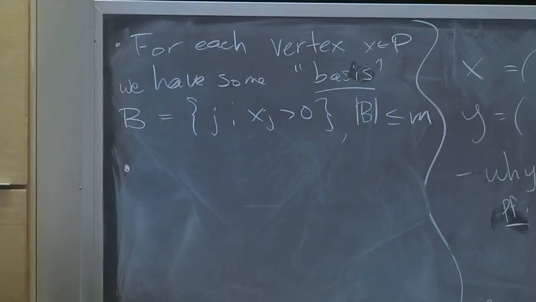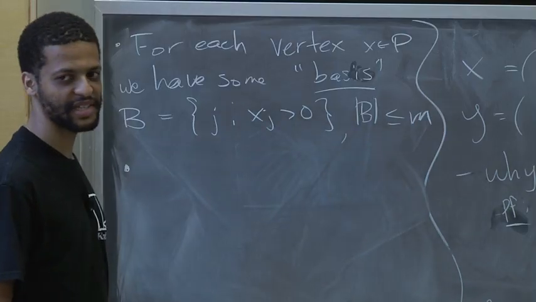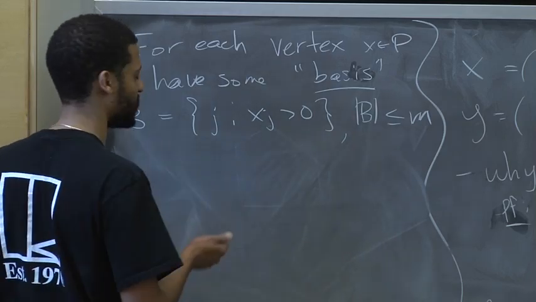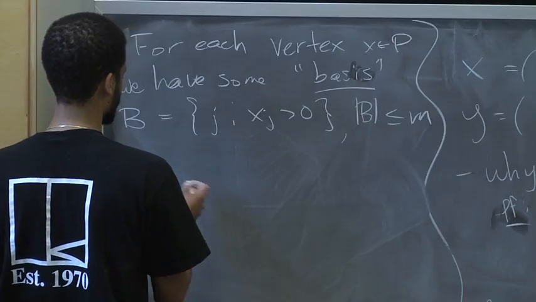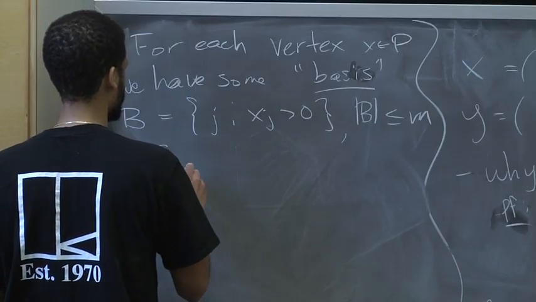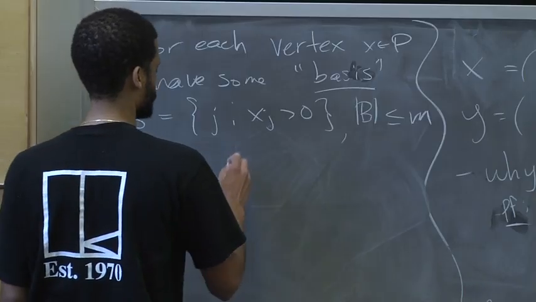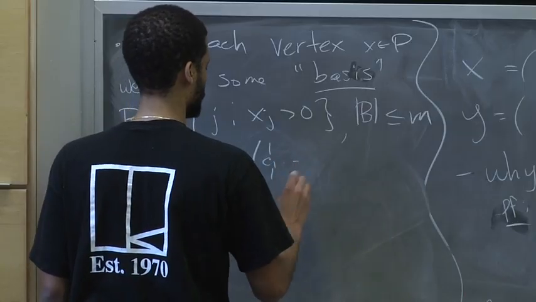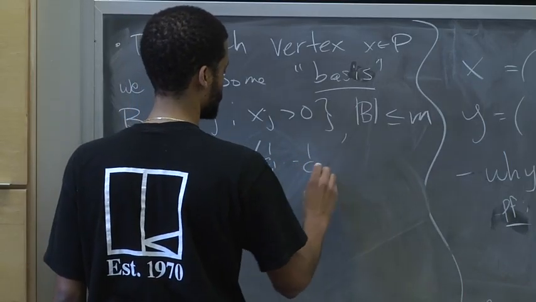So let me just remind people a basic linear algebra fact, which is that if you have a matrix vector product, so let's say you have Cz, where C is a matrix of columns, C1 up to Cm.